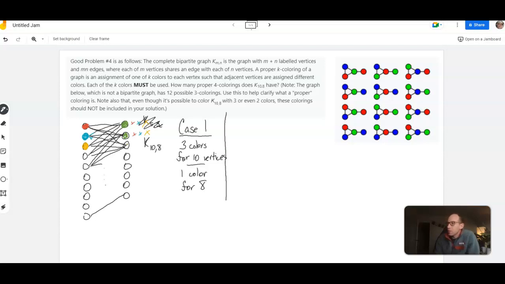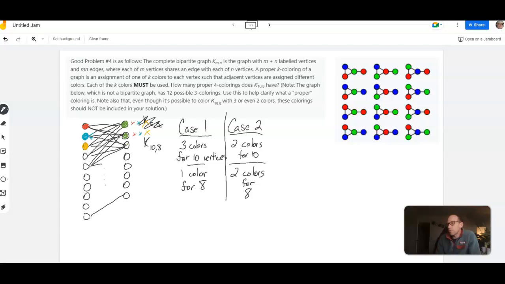And then case 2 would be 2 colors for the 10 and 2 colors for the 8. And of course, those would have to be the other 2 colors. You couldn't have any overlapping. And you might wonder, well, couldn't you just do 2 colors for the 10 and 1 color?